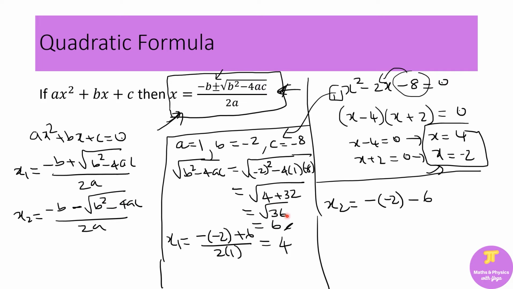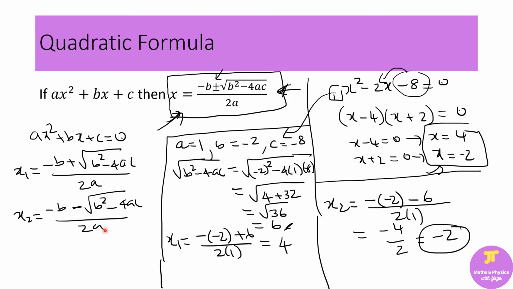This is divided by 2a, 2 times 1. Minus minus 2 minus 6 is minus 4, divided by 2, which is minus 2. And we got the same answer we got here as well. So this is the way you can verify that this formula is correct.